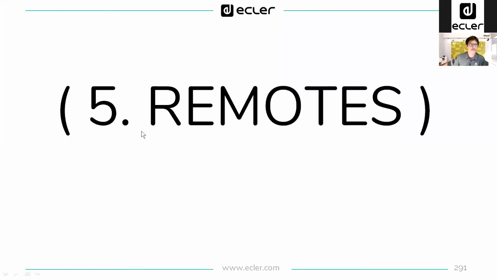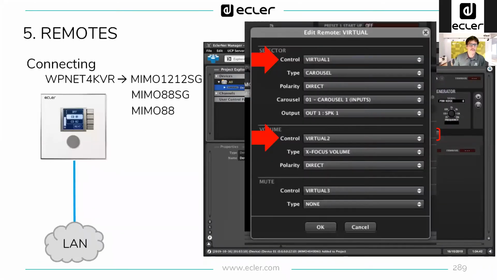One more thing about remotes. For those who already know WP Touch, okay? WP Touch used to be a digital remote for these MIMOs, which is now discontinued, so we don't sell it anymore.